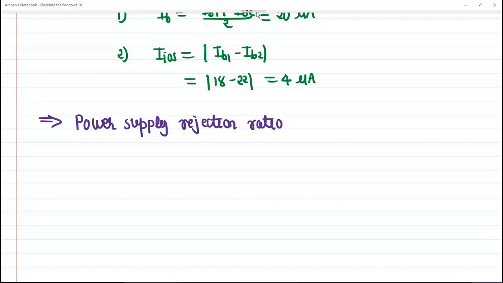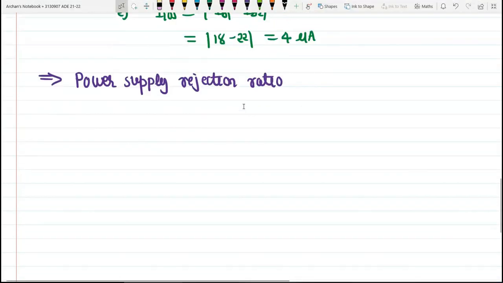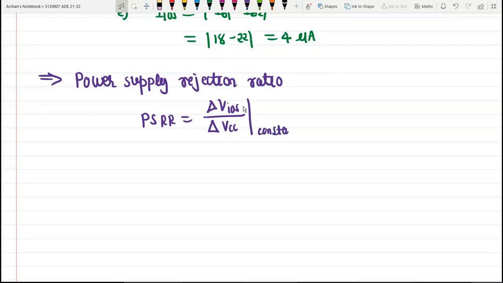So PSRR is given by the change in input offset voltage to the change in supply voltage producing it, keeping the other supply voltage constant.